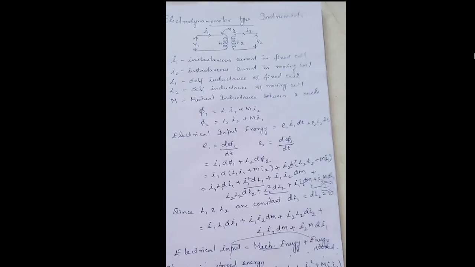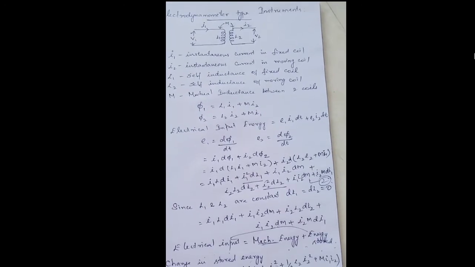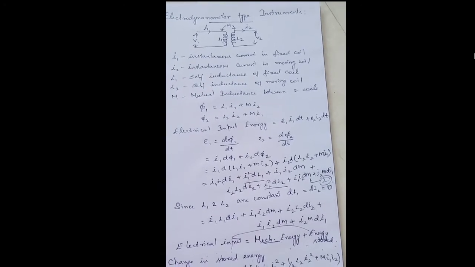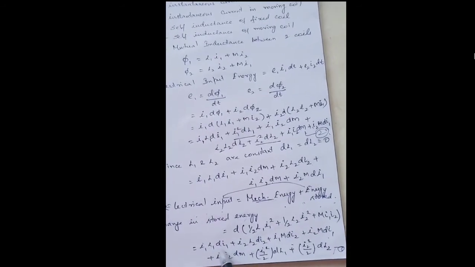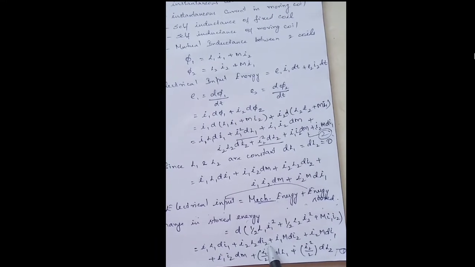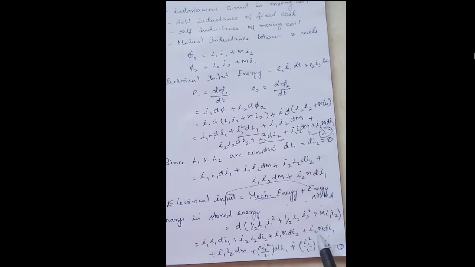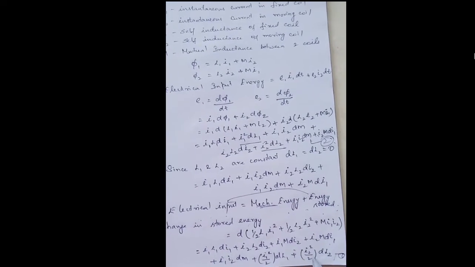So here when we differentiate 1 by 2 L1 I1 square, keeping L1 constant, differentiate I1 square, then keeping I1 square constant, differentiate L1. So it will be I1 L1 dI1 plus I2 L2 dI2 plus I1 M dI2 plus I2 M dI1 plus I1 I2 dM plus 1 by 2 I1 square dL1 plus 1 by 2 I2 square dL2.